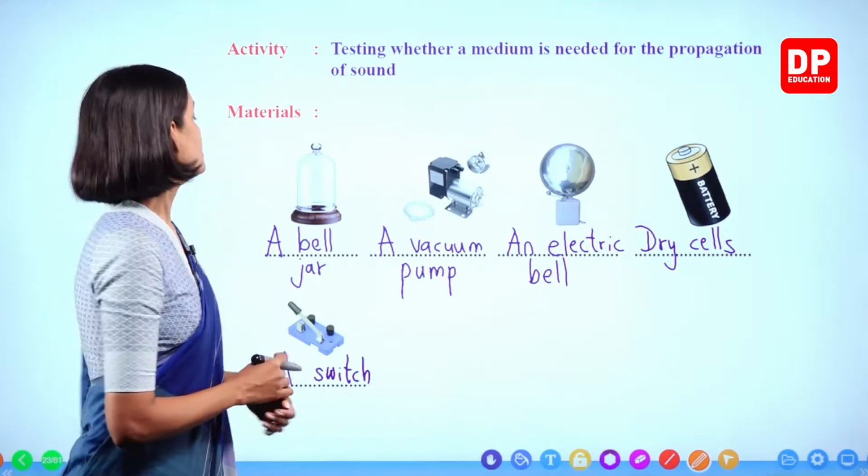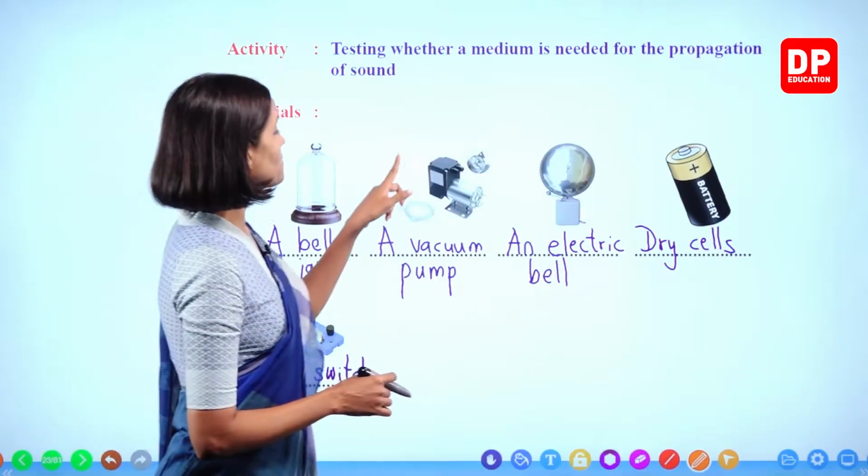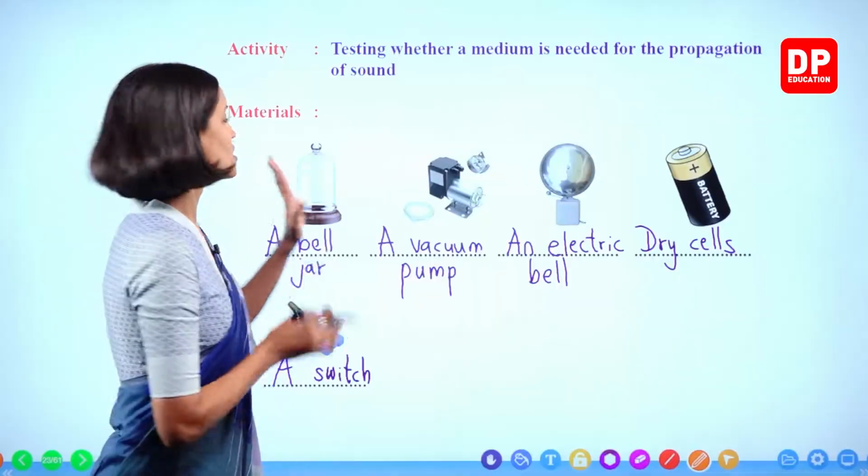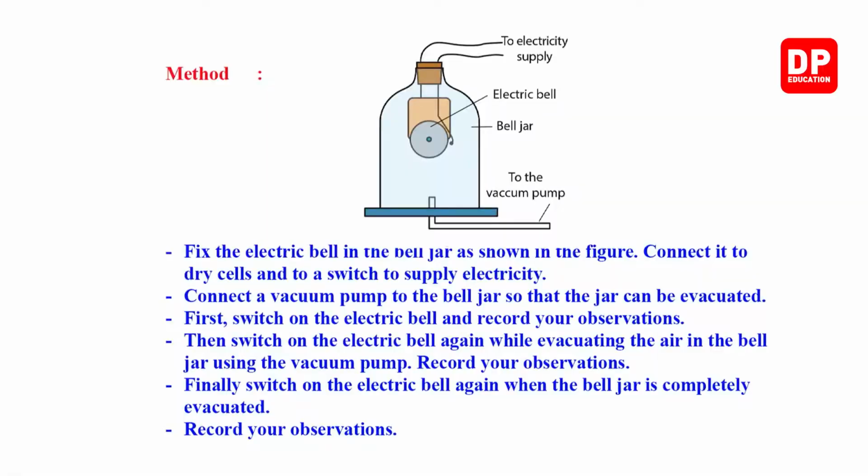Right, children? A bell jar, a vacuum pump, an electric bell, dry cells, and a switch. So what are we going to do with these materials?